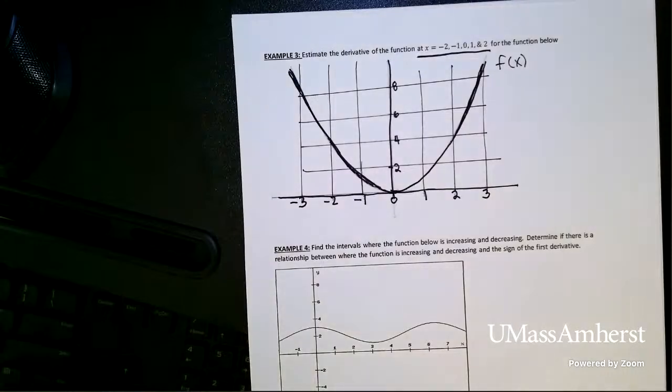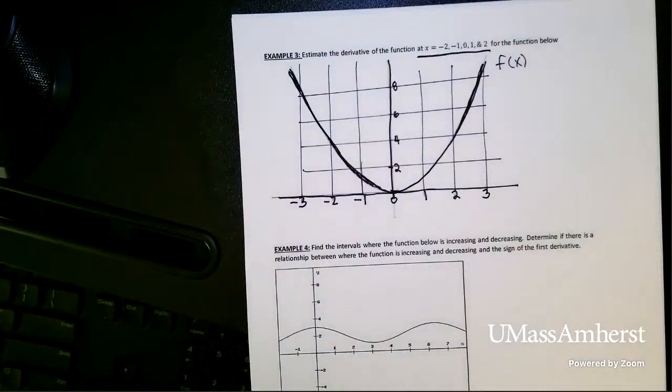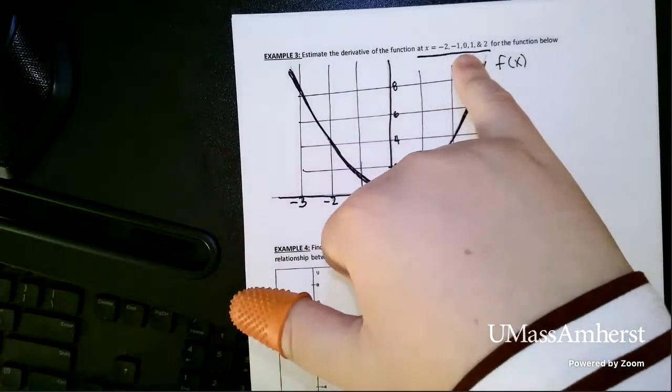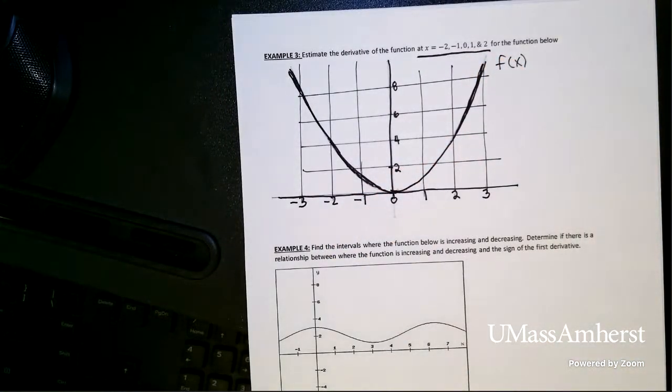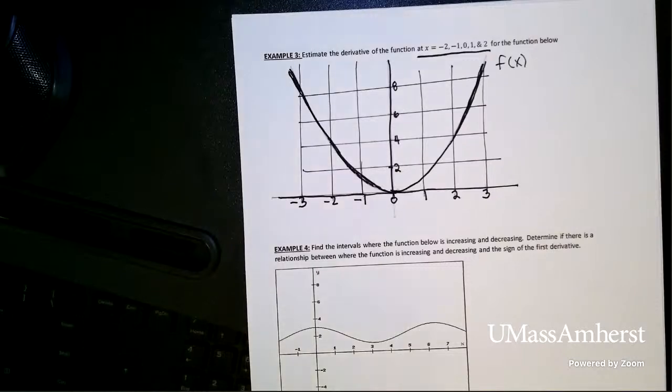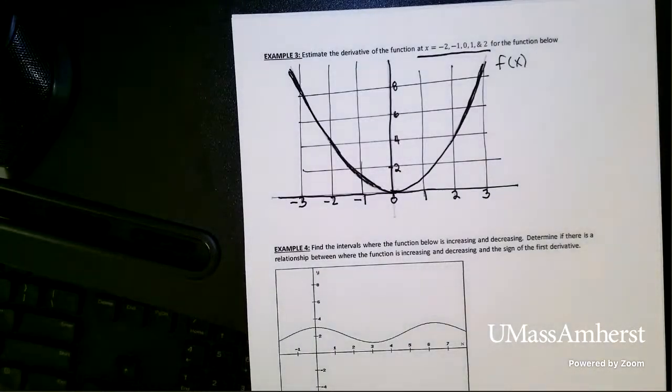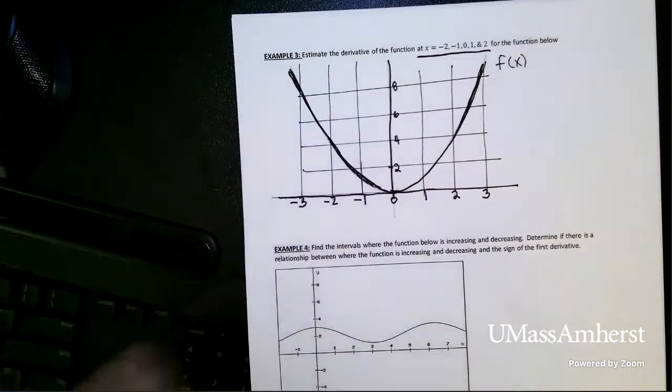So what I want you to do is I want you to take a quick minute, and above each of these numbers, I want you to write either plus, minus, or 0 for whether you think that the derivative or the instantaneous rate of change will be positive, negative, or 0, again, based on trying to visualize the tangent line.